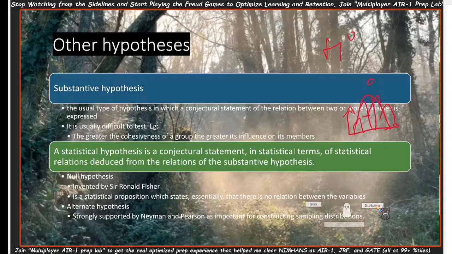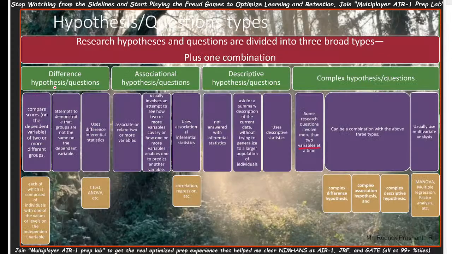As I said, more than two variables in a difference hypothesis. So you're testing two groups. Instead of testing just depression, you're testing depression, anxiety, and stress. But there are still two groups.